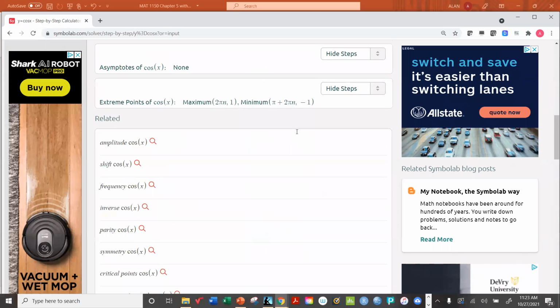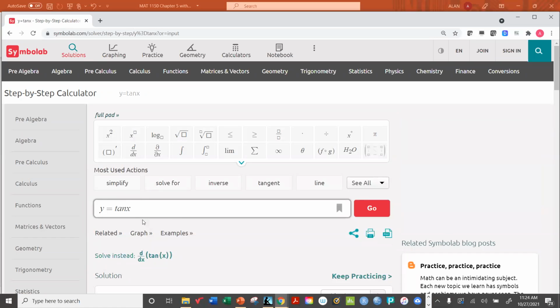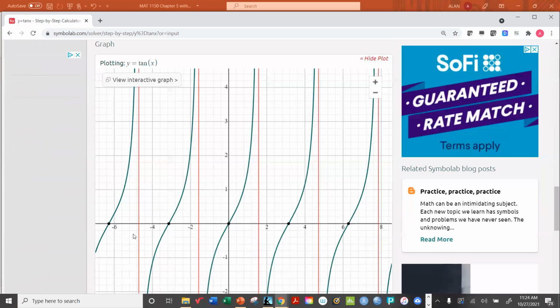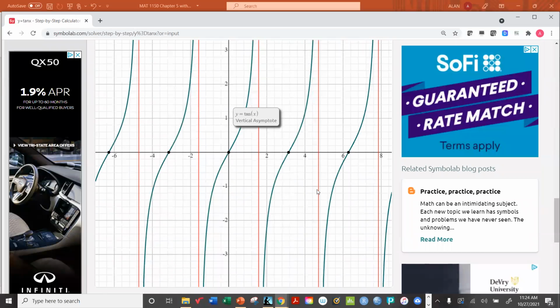Let's take a look at the tangent. And let's see what it looks like. Aha. So you can see there's actually multiple places where it cannot reach. So the tangent does have several asymptotes.